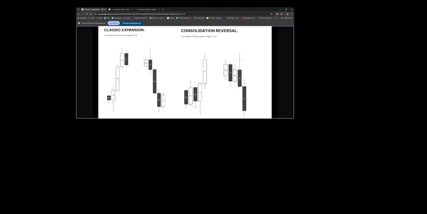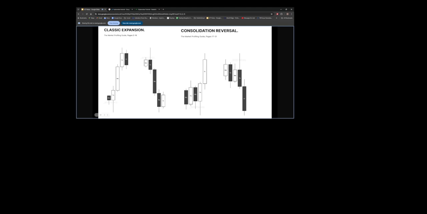So on a Monday you see a smaller range, and then it goes all the way through till Thursday or Friday. That's a classic expansion week, where price just keeps going higher and higher and higher. And if you notice, the low of the week is on a Tuesday, high is on a Thursday. Of course it could be the other way around also.